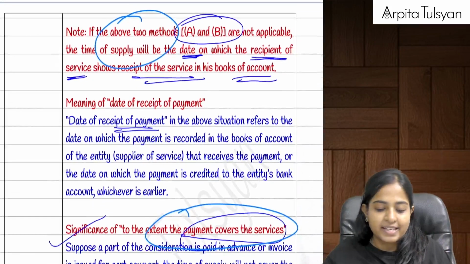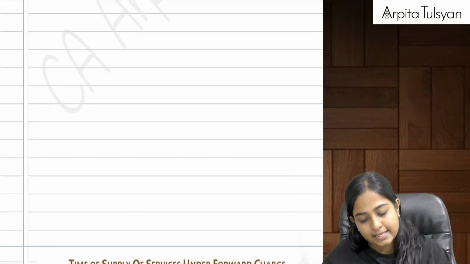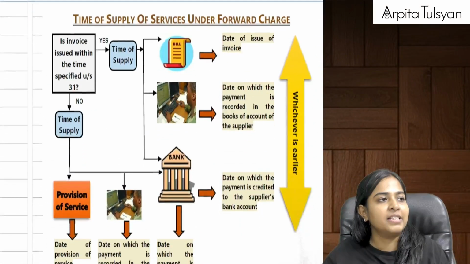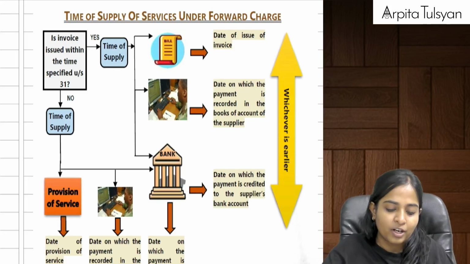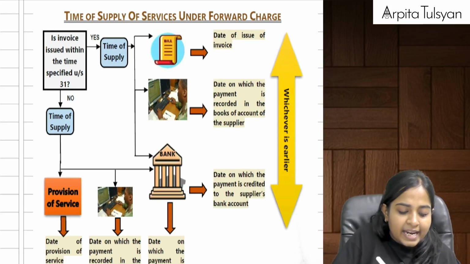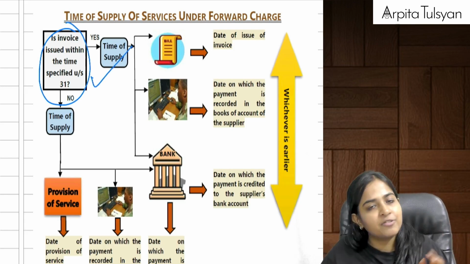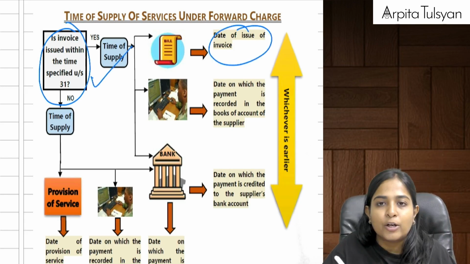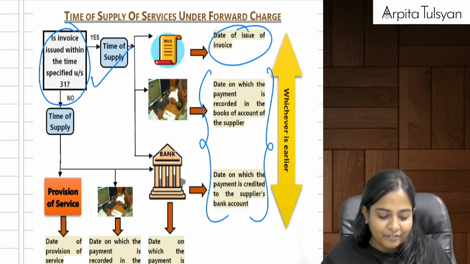Can we revise this with the help of a chart, everyone? Can you see this chart on your table? Time of supply of services under forward charge. See what they are telling us here. If the invoice is issued within the time, then the time of supply will be the date of issue of invoice or receipt of payment, whichever is earlier.